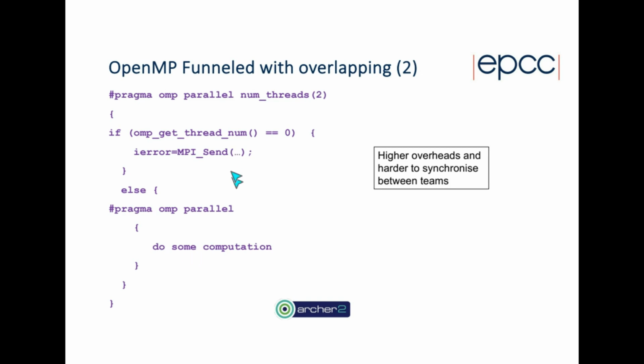But maybe that doesn't matter. If you're doing overlapping anyway, then it implies that there is some computation that's completely independent of the MPI message passing. So maybe that doesn't matter too much in some cases.